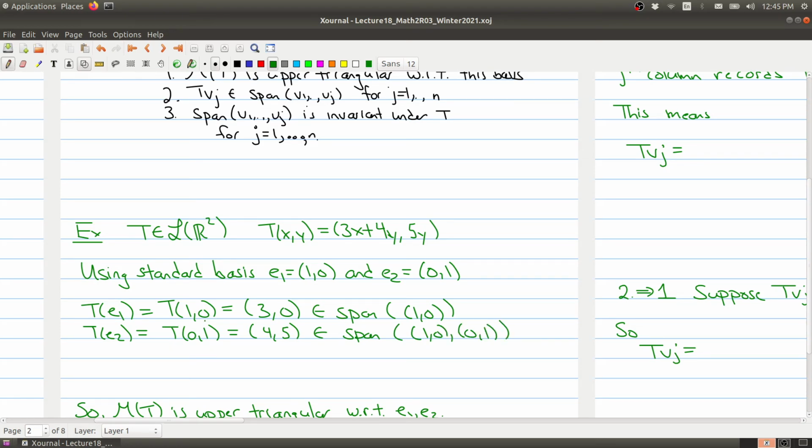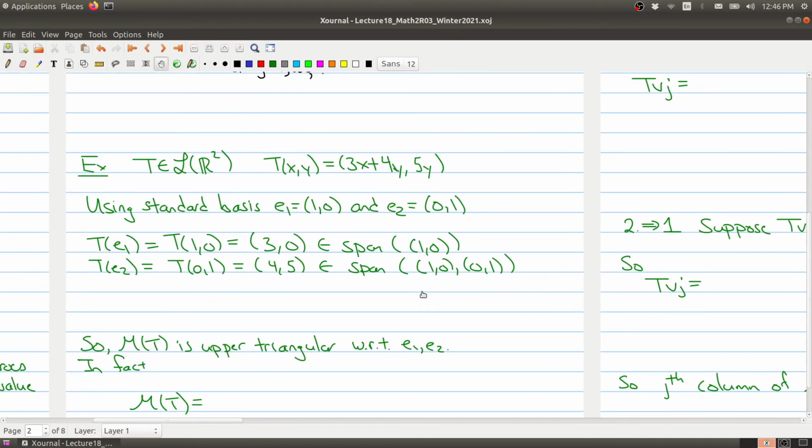Because we've satisfied the condition, the matrix associated to the linear operator has to be upper triangular with respect to this basis.